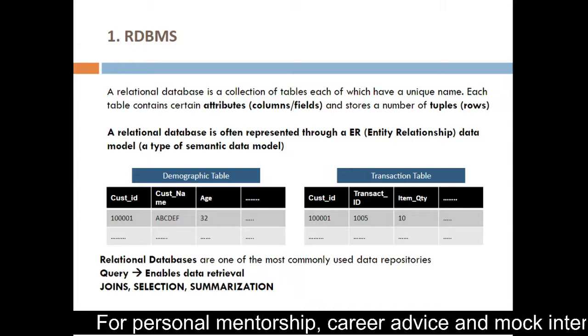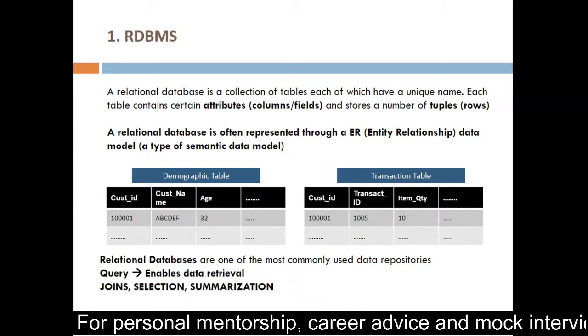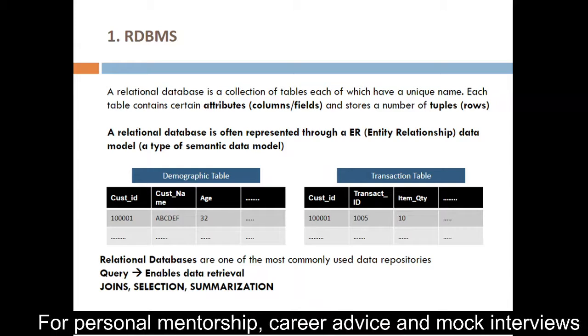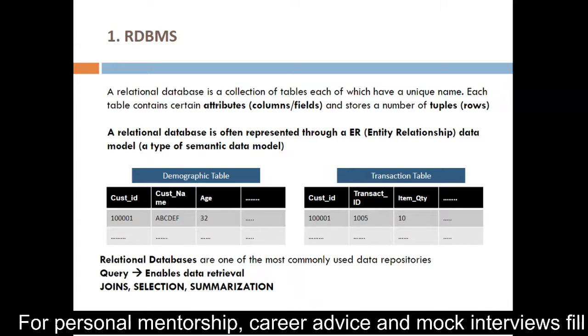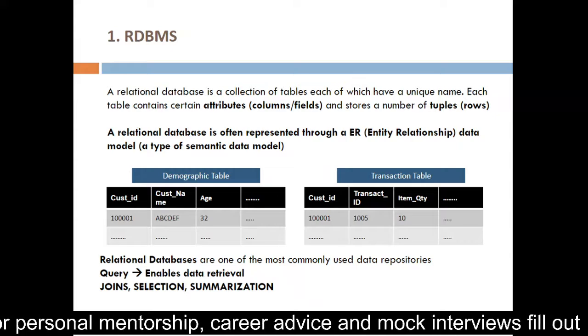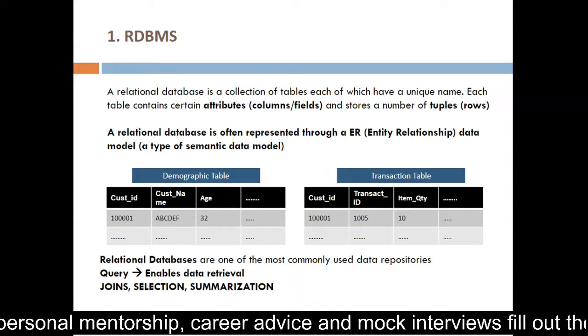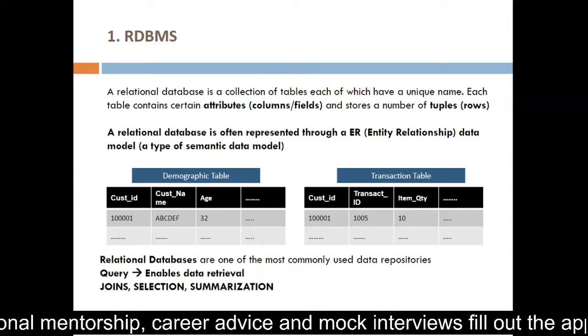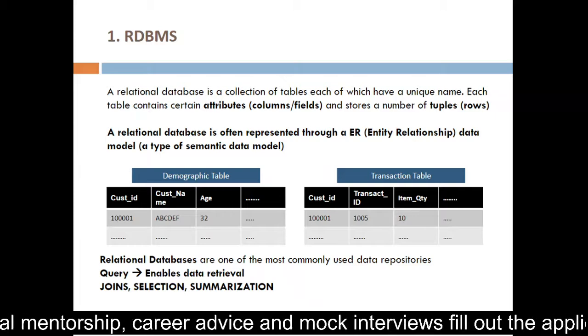RDBMS is a relational database management system. Now, let's break it down into simpler terms. What do we really mean by a relational database? Data often is stored in the form of tables, and each of these tables has a unique name to identify and differentiate one table from the other.